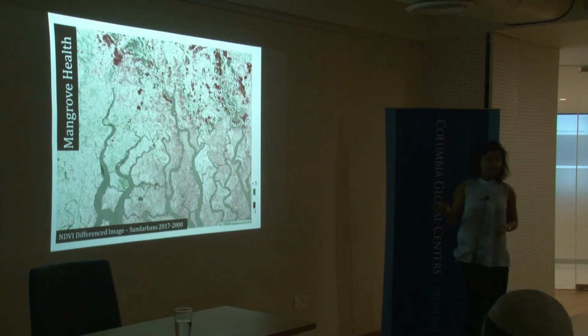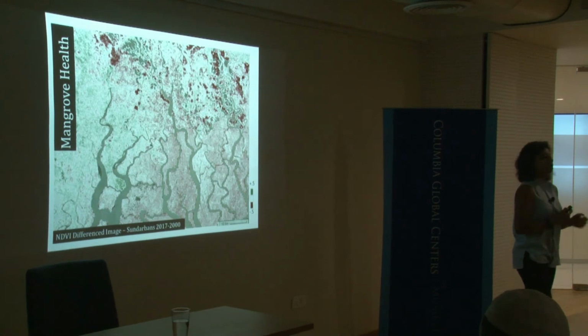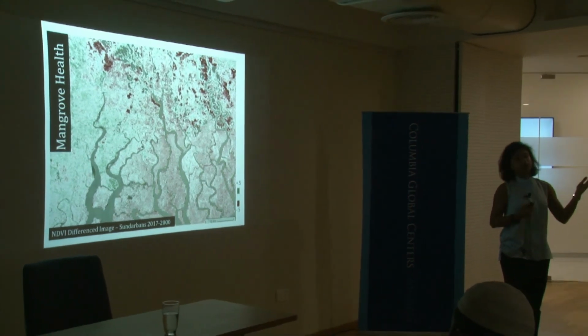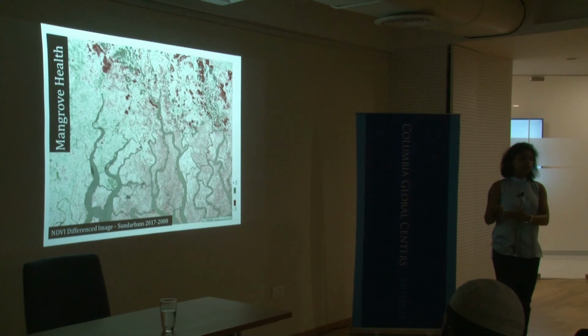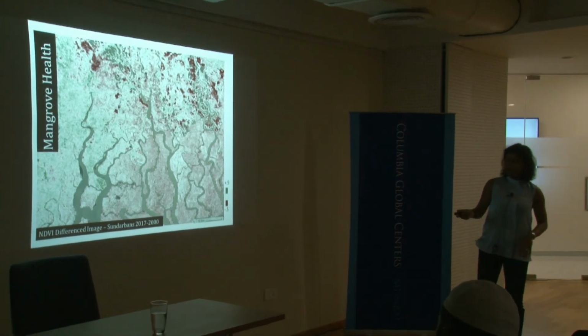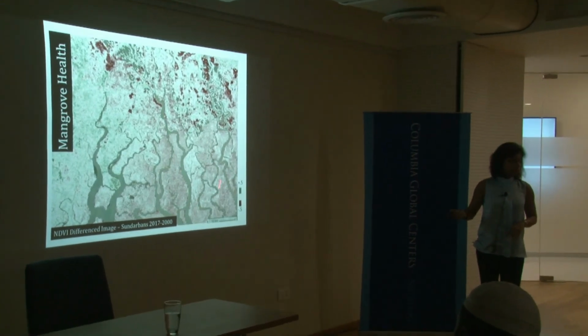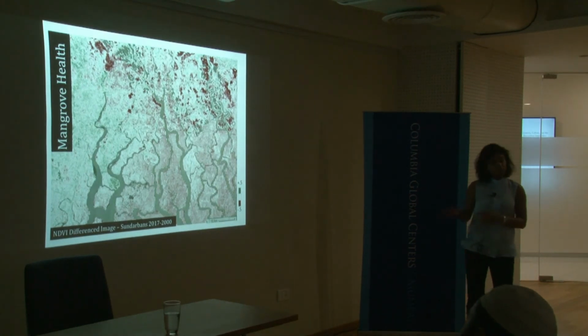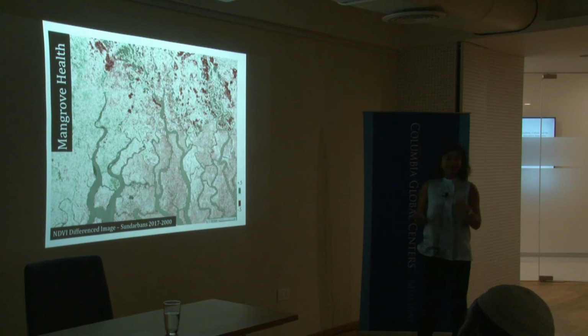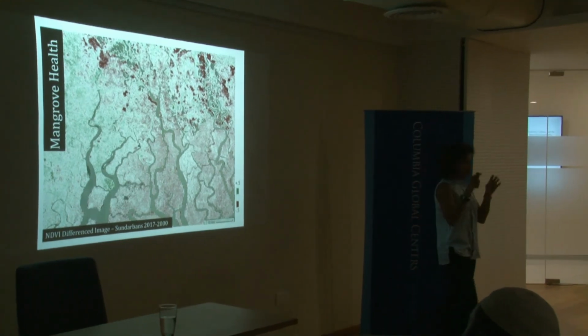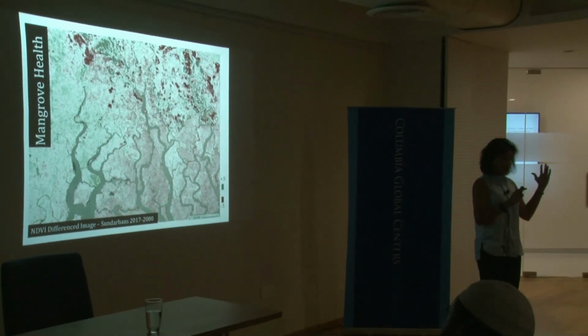Anything white or red means 2017 has seen a deterioration in vegetation health. And as you can see, most of this image is different shades of red, which confirms that over time it has deteriorated, even though it was bright green in one image.